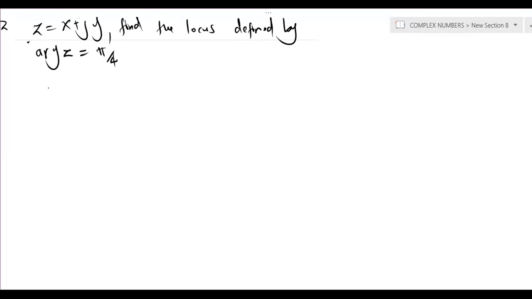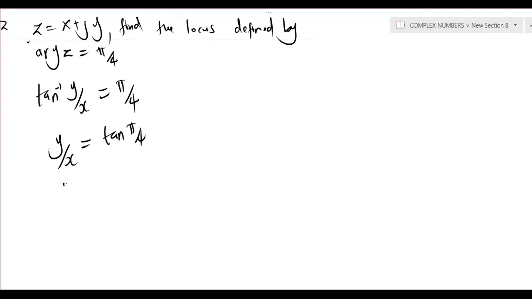So our arg z here is the same as tan inverse of y over x, which is equal to pi over 4. Taking tan to the other side, we have y over x is equal to tan pi over 4, that is tan of 180 divided by 4 is 45 degrees, so that is equal to 1. So our locus is given by y is equal to x.